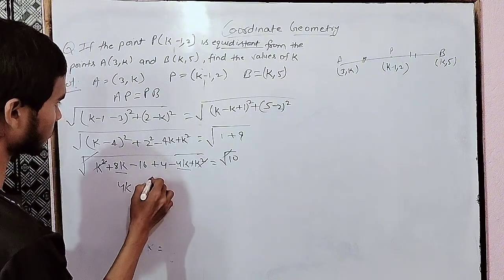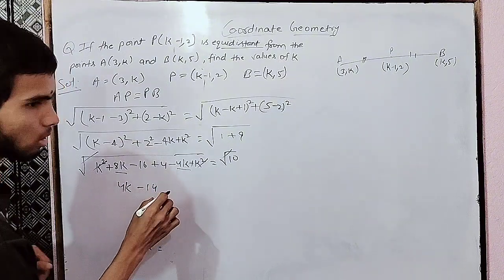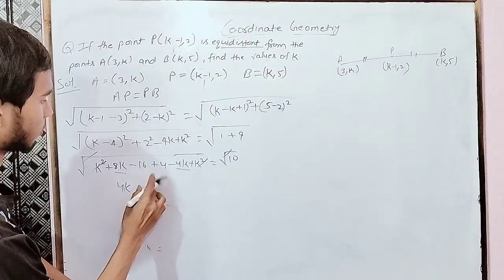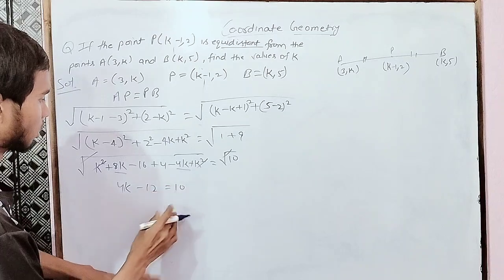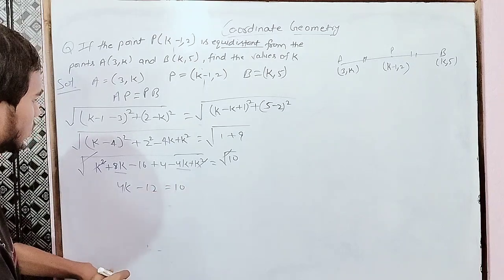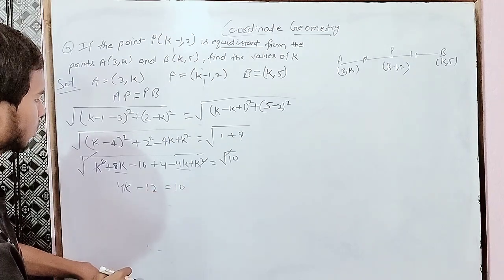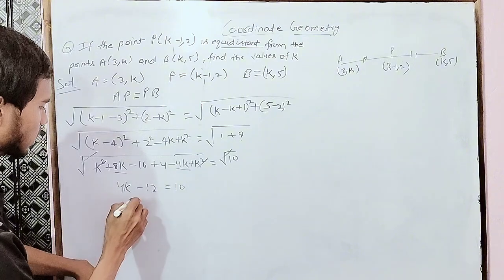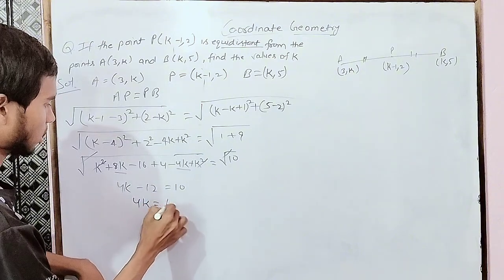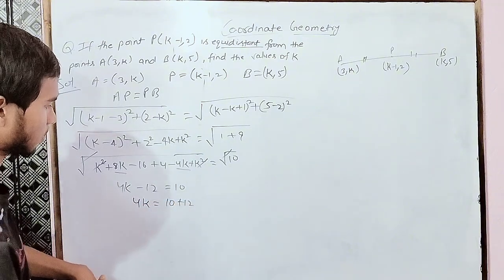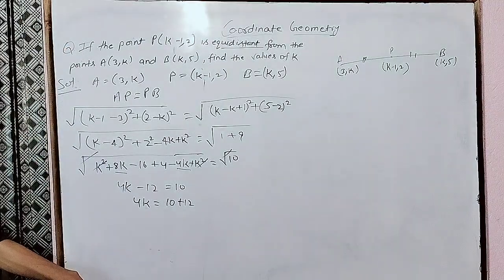It will become minus 14. 12, 10. Then again you can see 4k, 10 plus 12, it is becoming 22 upon 2.